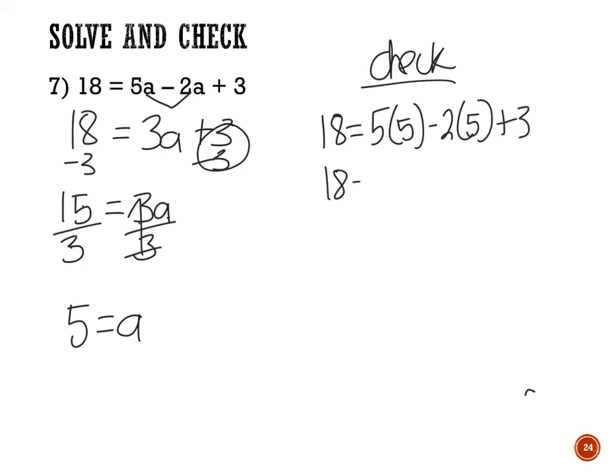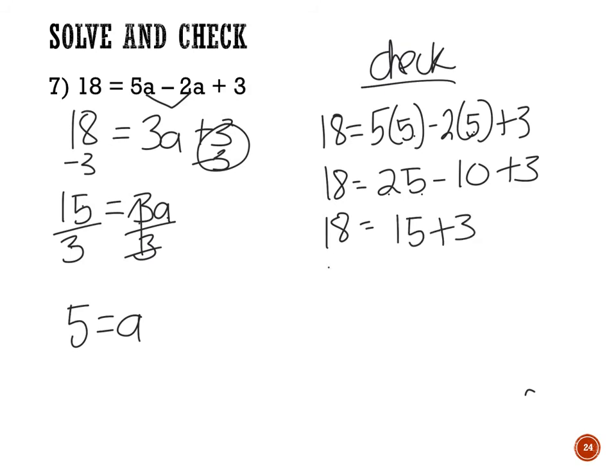So 18 equals 5 times 5 is 25 minus 2 times 5 is 10 plus 3. 25 minus 10 is 15 plus 3. 15 plus 3 equals 18. It checks out, so a equals 5.